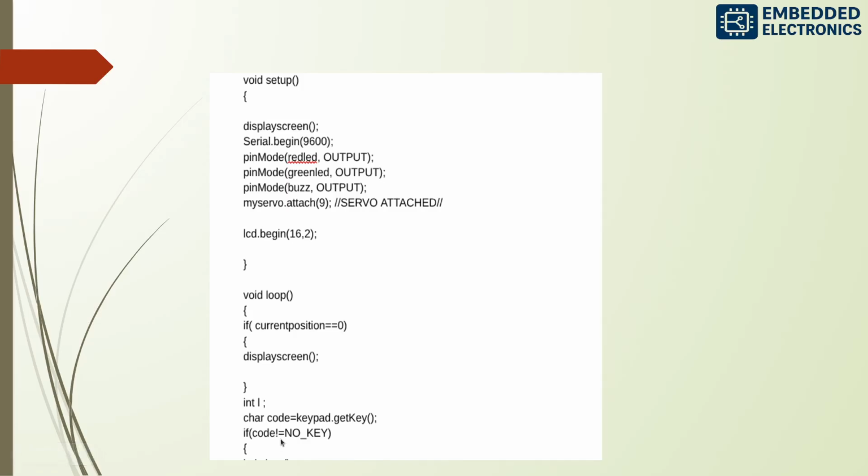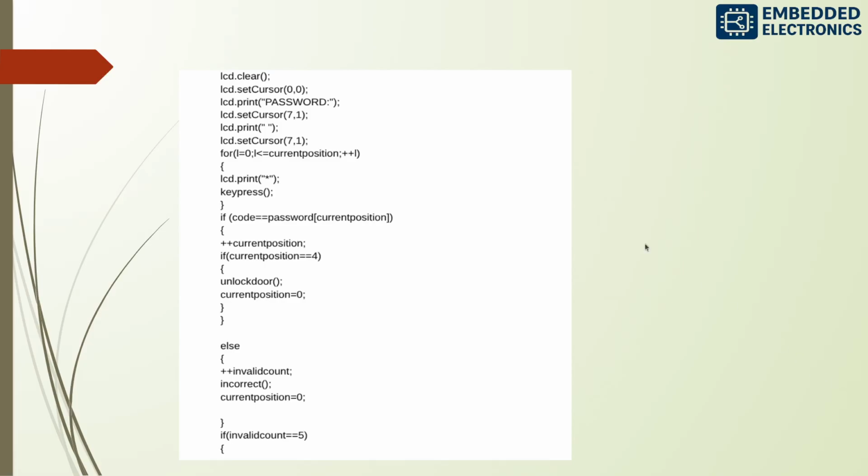If code is not equal to no key, then this will be executed. First you need to press the key, then it will check whether it is equal to the password that you previously set, right? It will check whether that password equals your entered code or not.